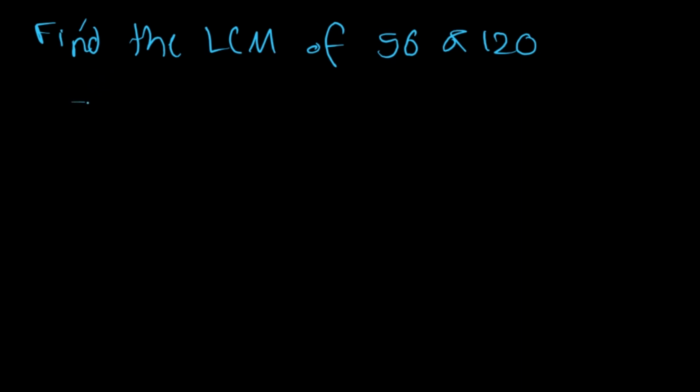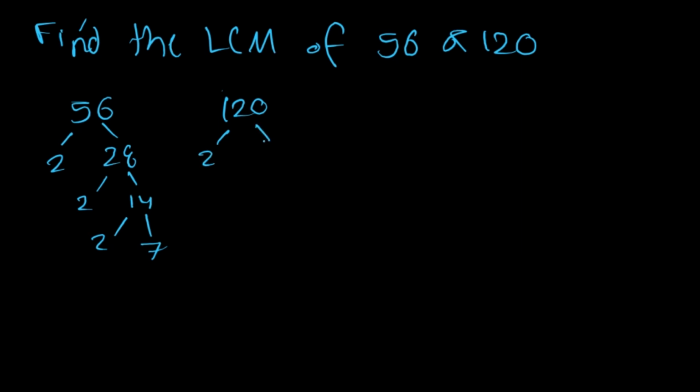Okay, so 56, decompose that, 2 and 28, and then 2 and 14, and then 2 and 7. Next, you do the same for 120. So 2 and 60, 2 and 30, 2 and 15, and then 3 and 5.